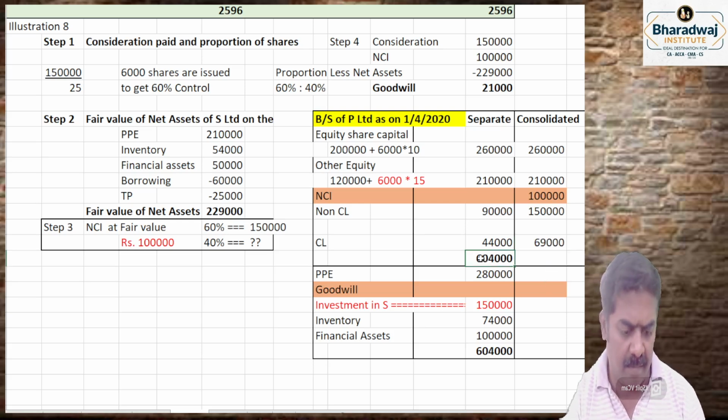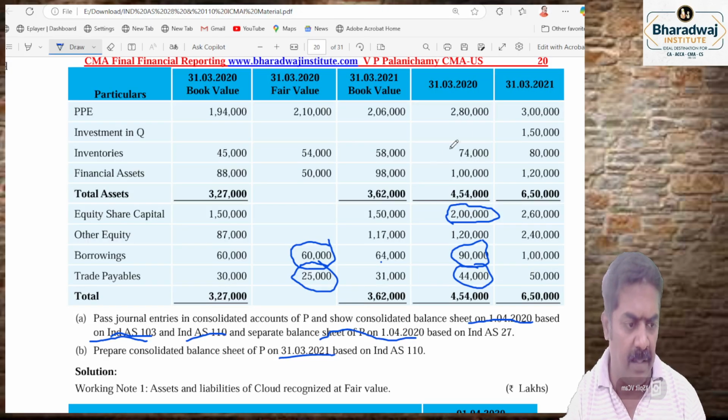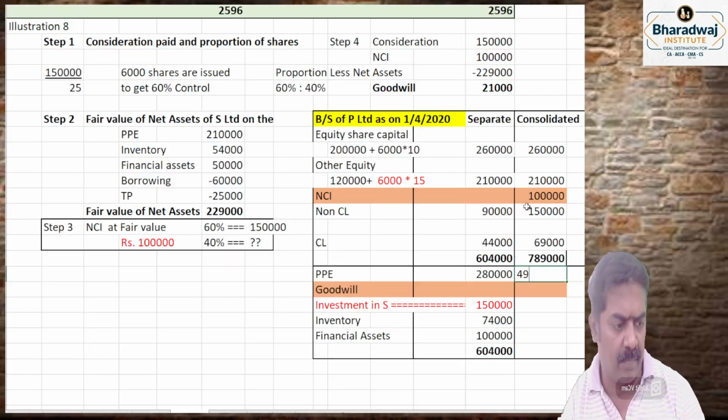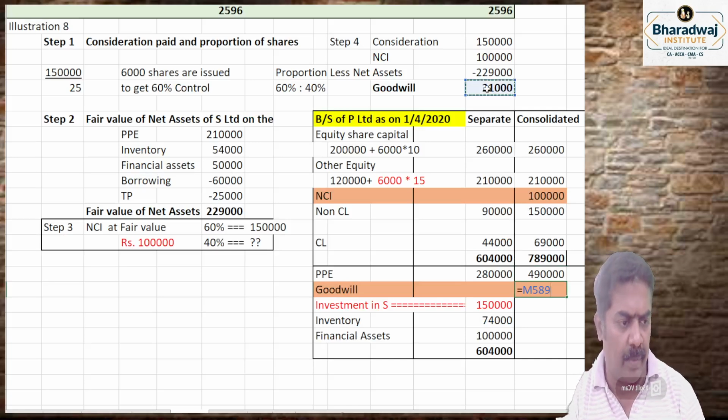Then on the asset side, PPE: 2,80,000 plus the fair value 2,10,000. Goodwill 21,000. Investment will not come.